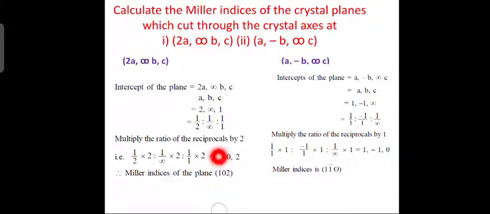Multiply the ratio of the reciprocals by 2, because 2 is the common denominator, and you will get 1, 0 and 2. For the second plane, multiply the ratio of the reciprocals by 1, since the LCM is 1. You will get Miller indices as 1, 1 bar and 0.